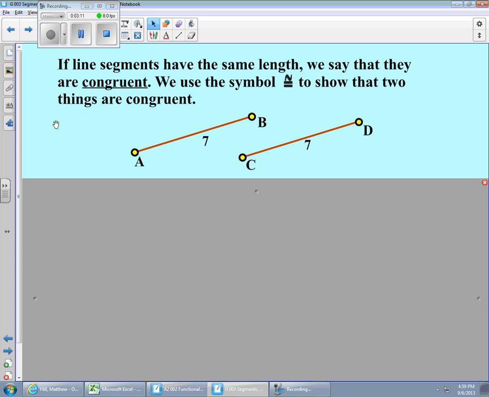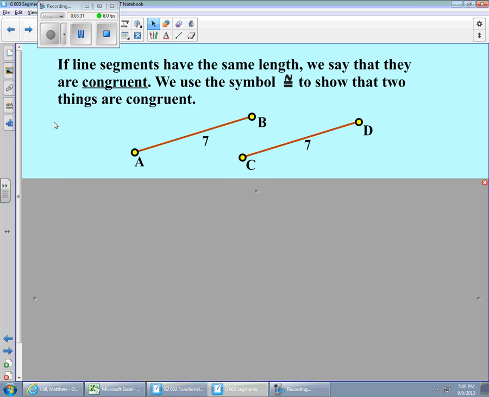In this particular diagram right here, as you can see, we have two line segments. Pronouncing them out loud, we have line segment AB and line segment CD. Along the bodies of the two line segments shown, we have measurements that are provided for us. In this case, we have 7 units on each of the line segments.